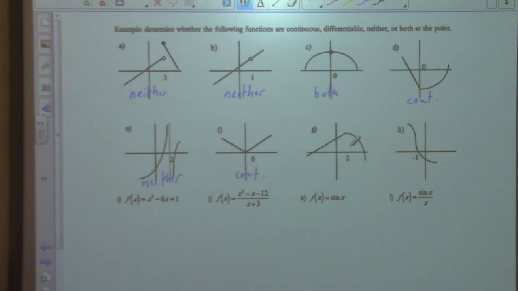This one here? Continuous? It depends on whether or not this is a corner. Do you think that's a corner, or a smooth thing? Because you can have a line that at this point just changes into a curve. So that's sort of ambiguous. If we assume that's a smooth curve, which it may or may not be, we'll say both.